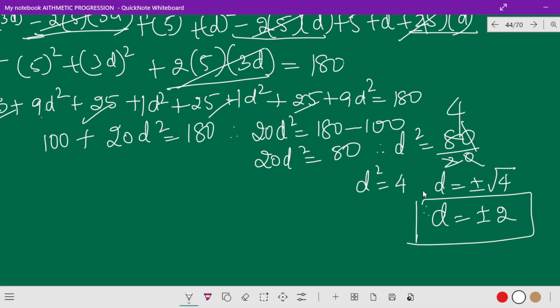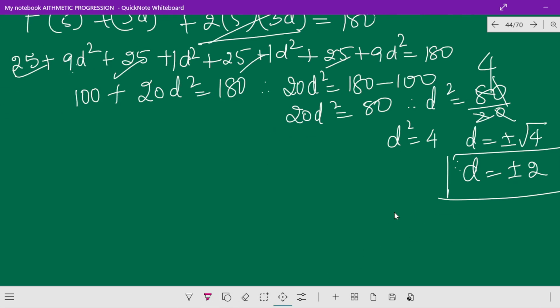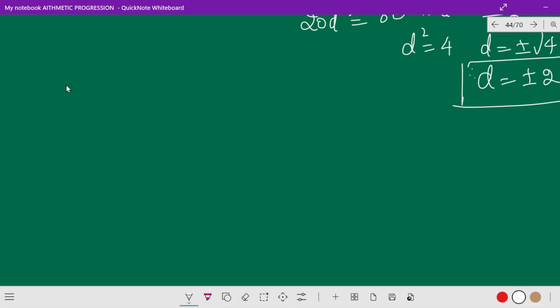So now we have to take both the values, and we have to show how we are getting the AP. The numbers are A minus 3d, A minus d, A plus d, A plus 3d, when d is equal to plus 2 and d is equal to minus 2.